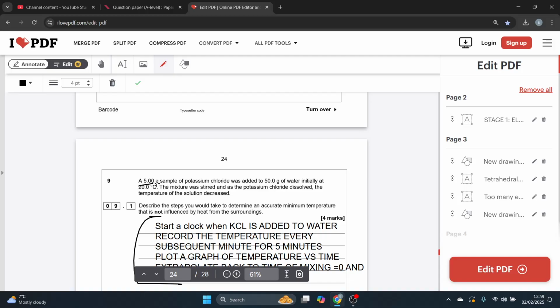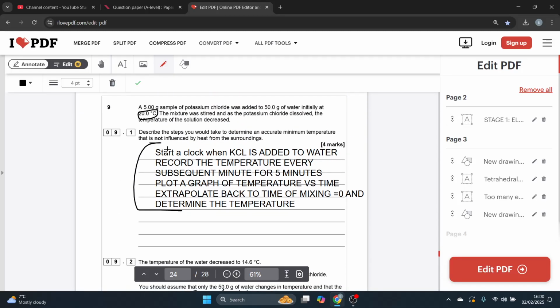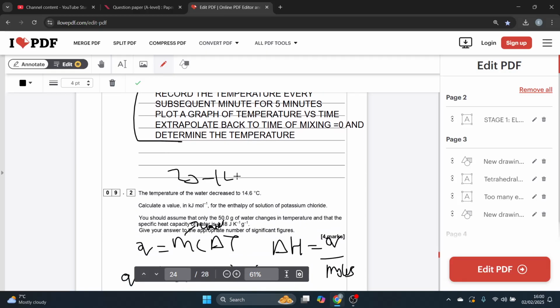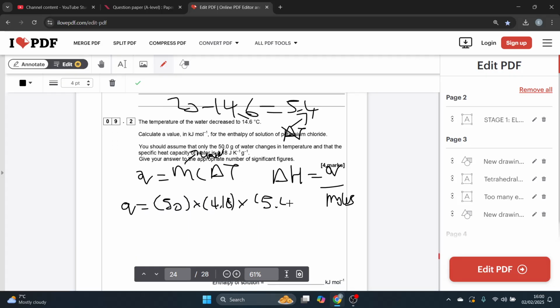And initially it was 20 degrees. Oh, okay, so that's what I have to read back. So it's just going to be 20 minus 14.6, which is 5.4, and therefore that is delta T. Final temperature, my initial 20 minus 14.6, 5.4. That will give me Q.